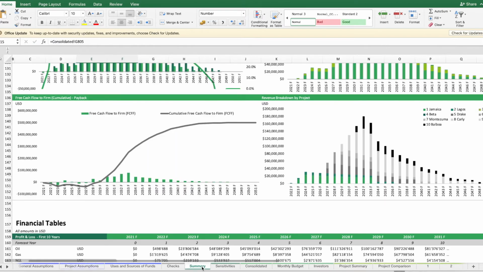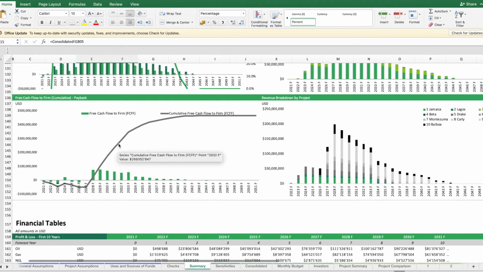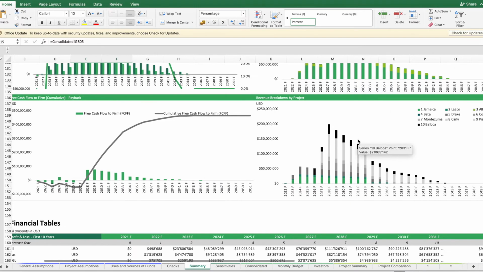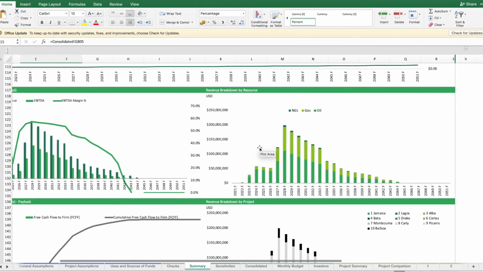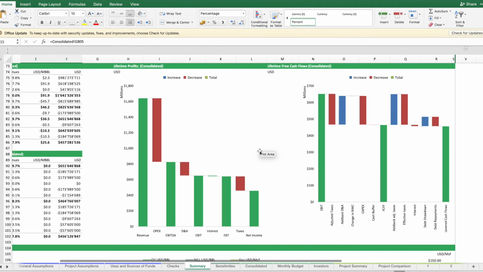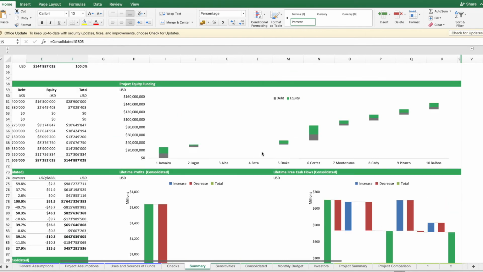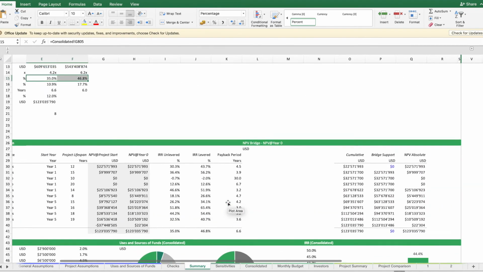We can play around and see how this cash flow pattern would look, and how it would impact when we expect how much revenue from which resource. So this model should give you a tool to run these simulations.